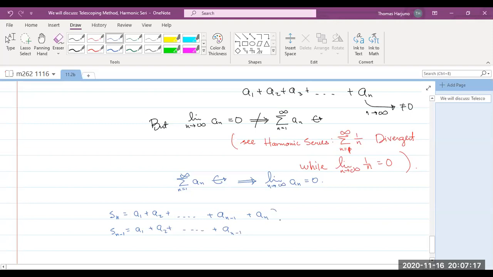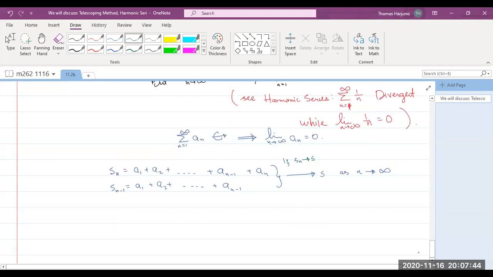Suppose the limit exists, both of them will converge to S as n goes to infinity, if the partial sums converge to S. But at the same time, S sub n minus S sub n minus 1 equals the nth term.